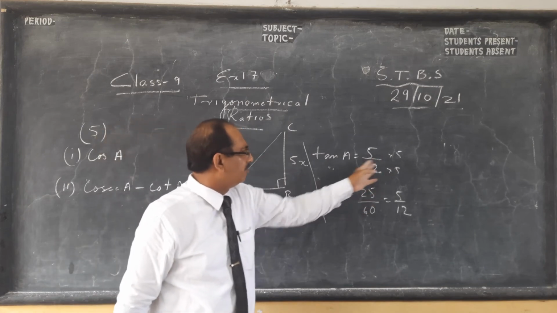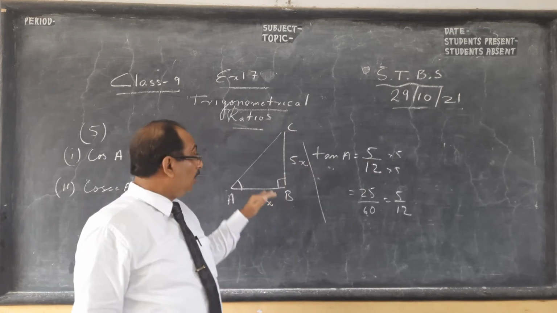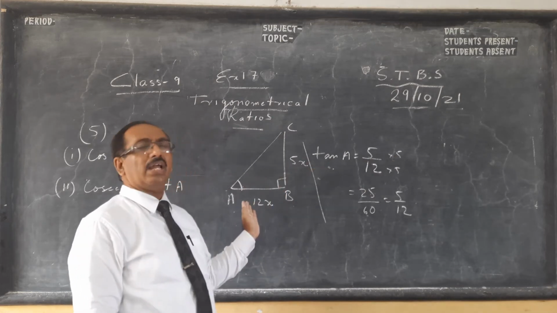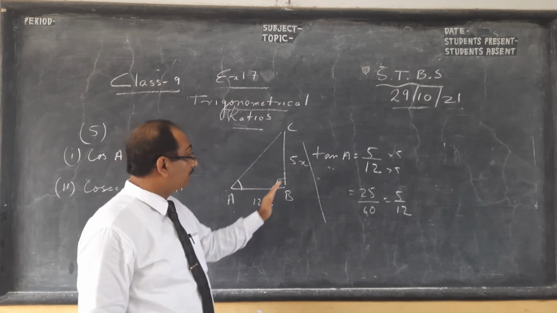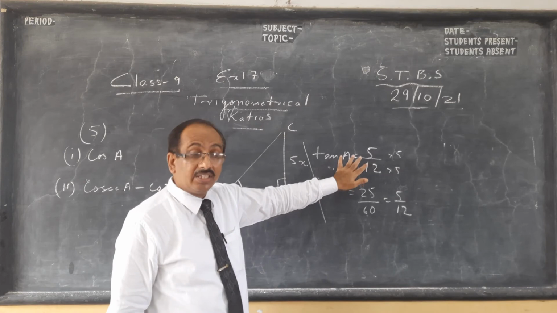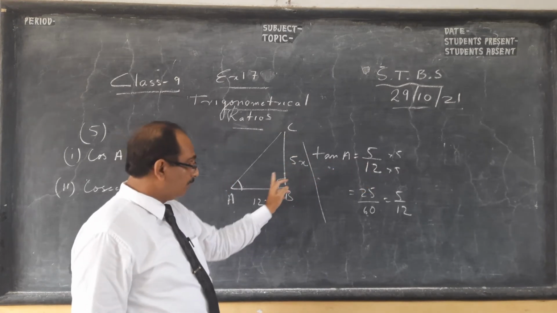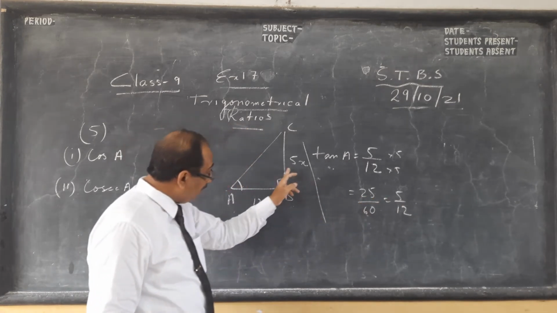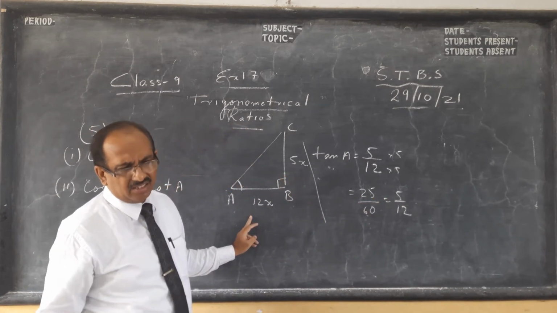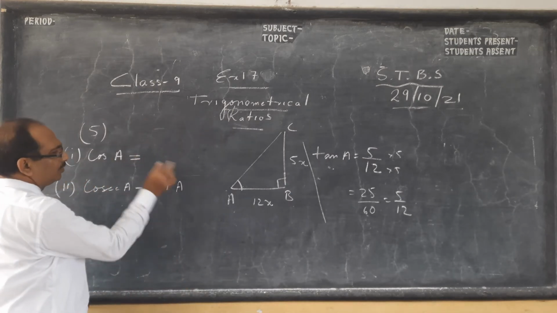Like here it is 5. 25 by 60, it can be 10, 50 by 120. You say, sir, we could have written 5 and 12. What is the use of 5x and 12x? No, because tan and all are ratios, perpendicular by base or opposite by adjacent, but they are in lowest terms. So you must write a multiplying factor, a, x, y, whatever. So cos will be in this situation.